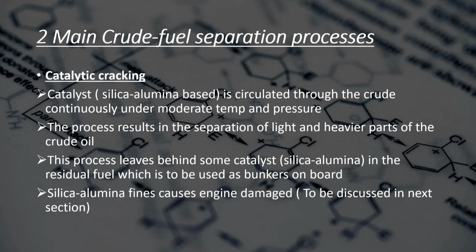The circulation results in the breaking down and separation of lighter fragments from the heavier fragments of that same crude oil. The lighter fragments are then collected and stored in a different place or used for different purposes, whereas the leftovers, called crude residuals, are blended and used on board as marine bunkers.